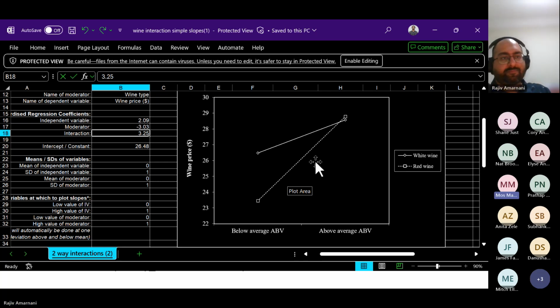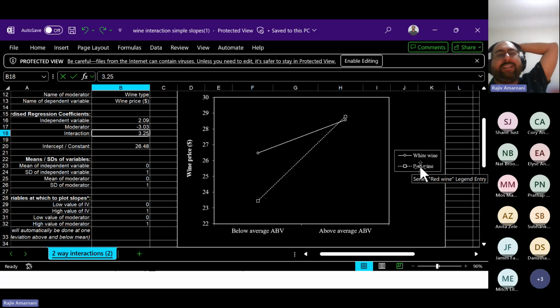Can I do it on 2 departments at a time? Oh, so you would stick to just 2 departments in the data. Or I guess what you could do is white wine is department 1 and red wine is everyone else. You could go that way.